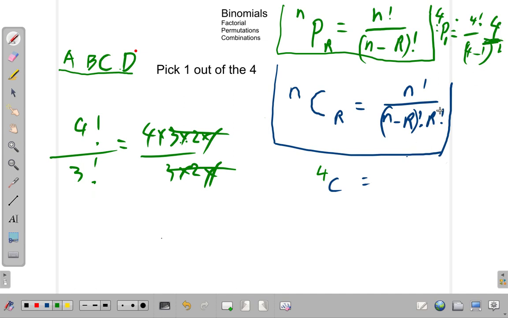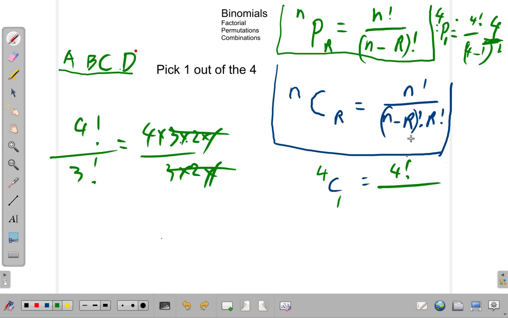What about 4C1? In this case, this would be n factorial. n is 4, the number available is 4, and the number that you choose to arrange is 1. So r is 1.